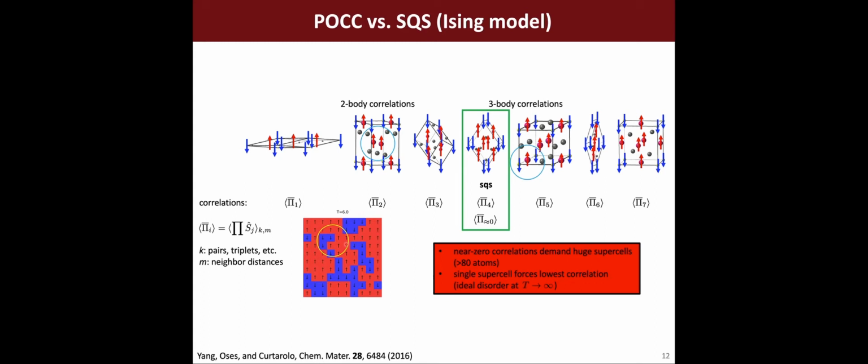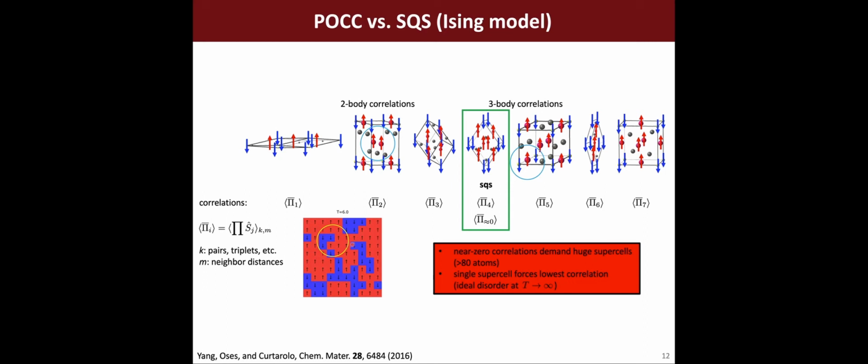So SQS is the selection of the one structure out of all of the 28 that gives us the minimum of the correlation functions. But there's a caveat here because I told you that it's the minimum. It's not necessarily 0. In order to approach a correlation function which is close to 0, I need to build a very big structure. Okay.